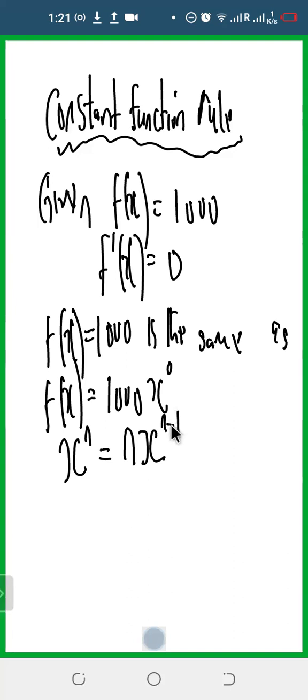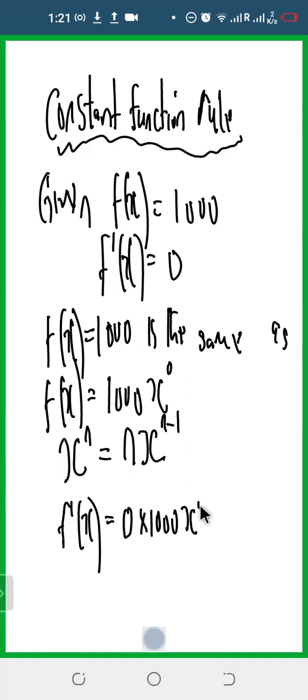If we apply this very rule to this function, what we are going to get is f prime x is equal to what? In this case, we have 0 multiplied by 1000, right? And then we have x raised to power 0 minus 1.